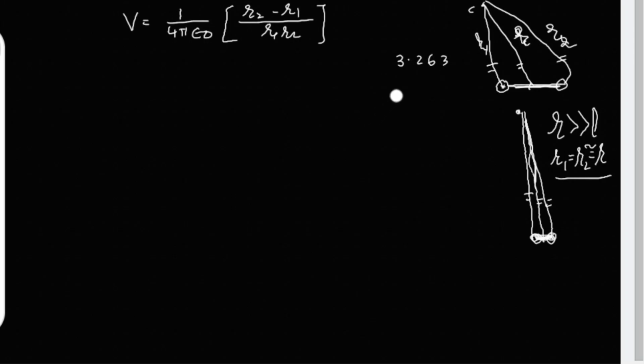3.263 is one number, and another number is 3.2632. If we compare these two numbers, then we can say these are approximately equal. So if we multiply, you can take the nearest value of this and say this is equal to this, and for multiplication it is approximately equal to 2.6.